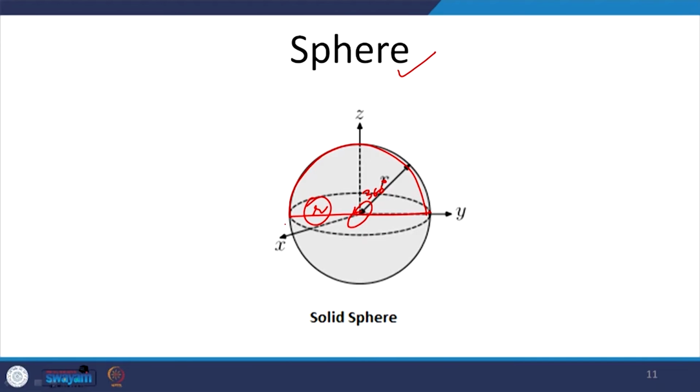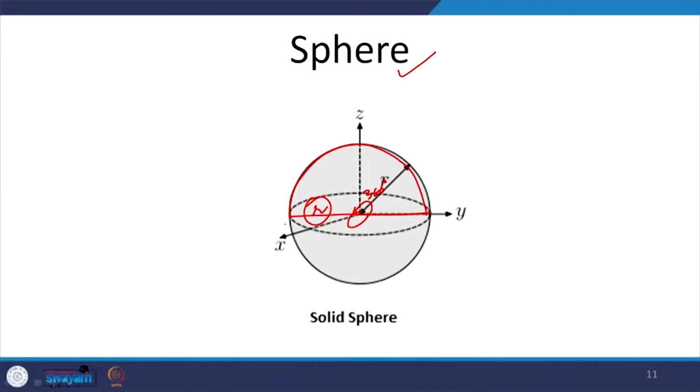So, it is a continuous surface and it is arrived at by revolving a hemisphere about its diameter. You have already seen spheres, you are familiar with what spheres are, and here we are rotating this hemisphere by 360 degrees, and what we get as a resultant solid is this sphere.